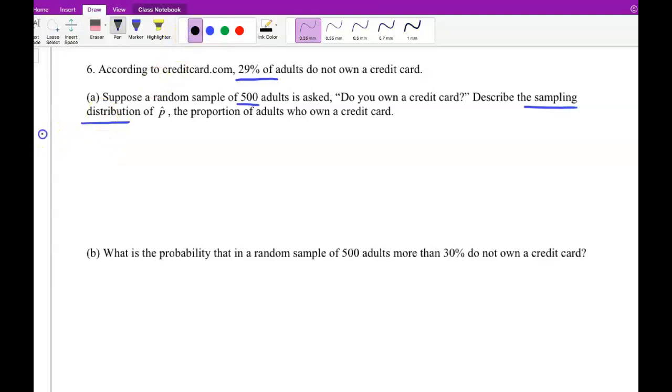So the first part is, do we have a normal distribution? So is this normal? We can answer that: do we have n times p times q greater than or equal to 10? We have that one.